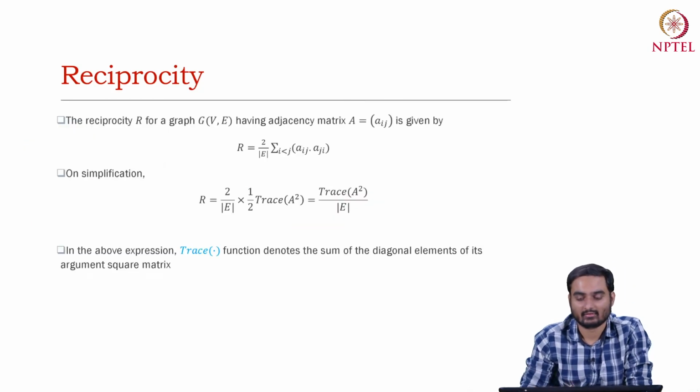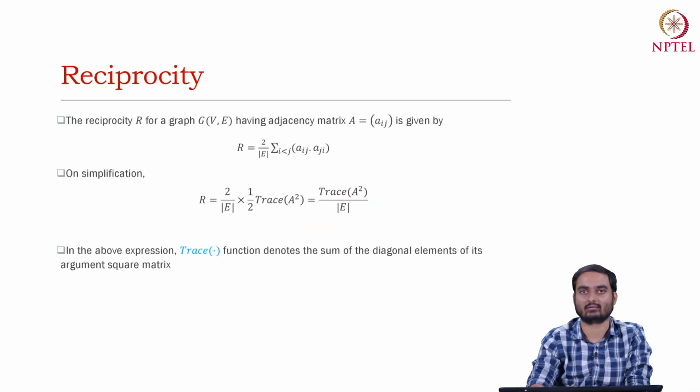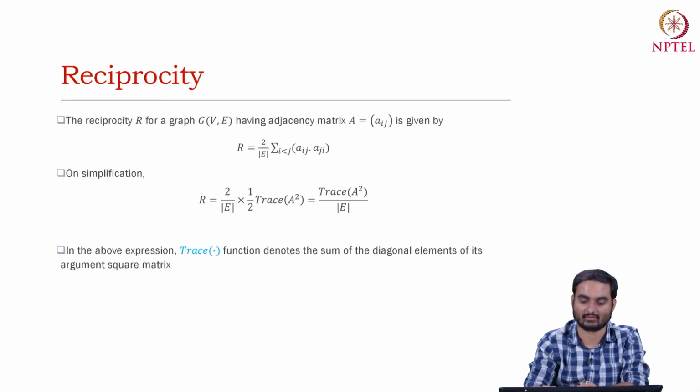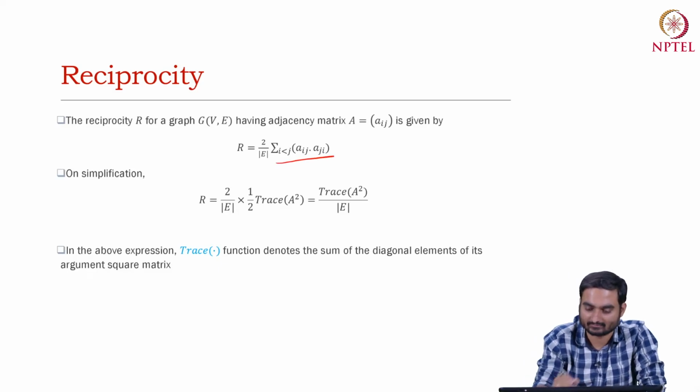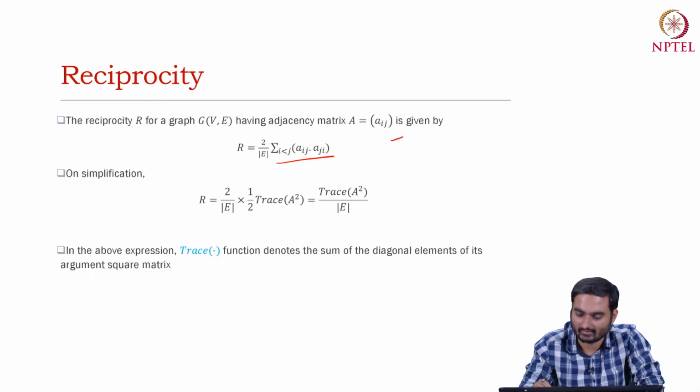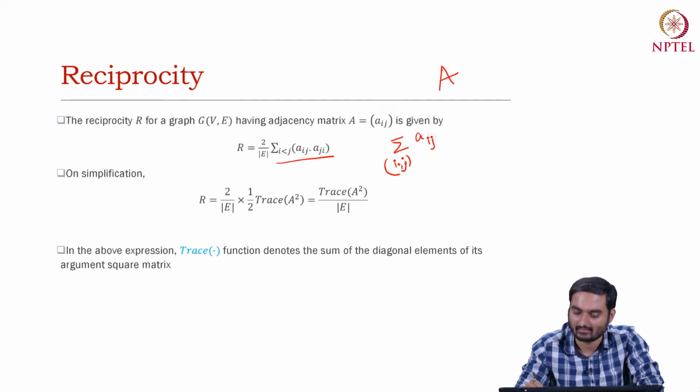We can also formulate reciprocity systematically in this manner. Essentially we are looking at all pairs i, j. If in the adjacency matrix A, Aij is 1 and Aji is also 1, then this would contribute 1. So for all such pairs, I will multiply Aij and Aji.